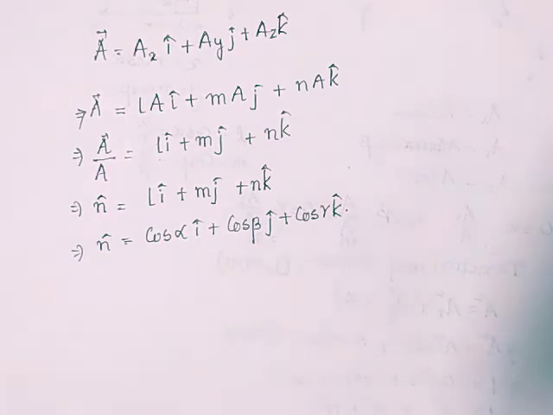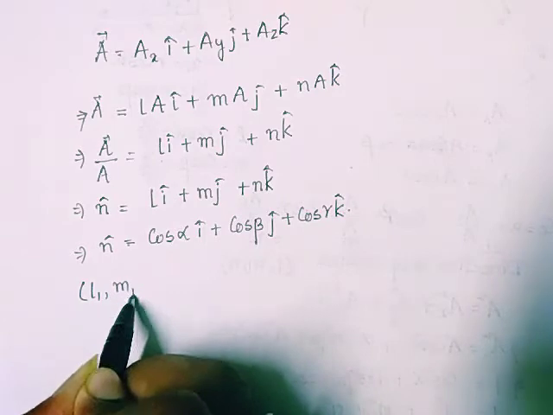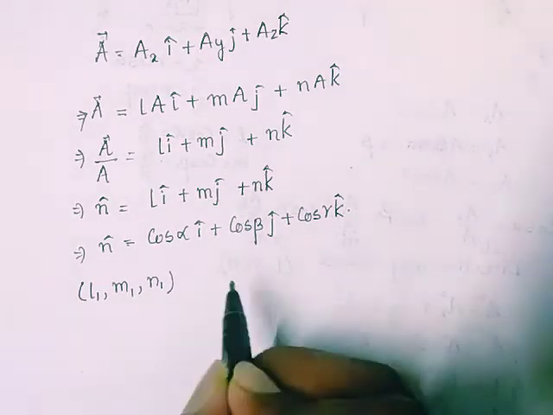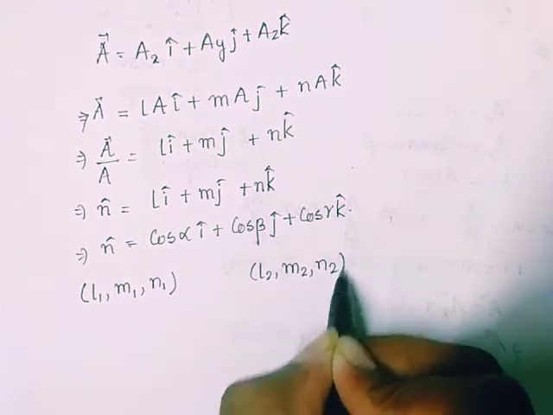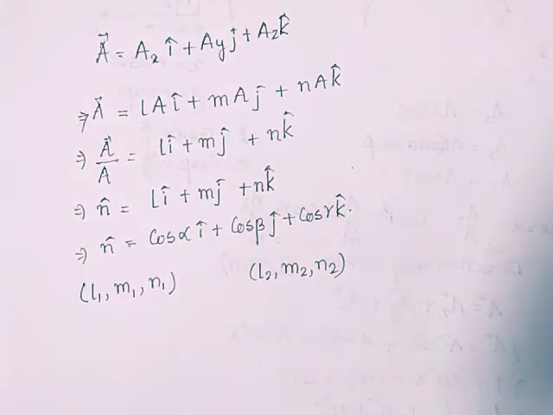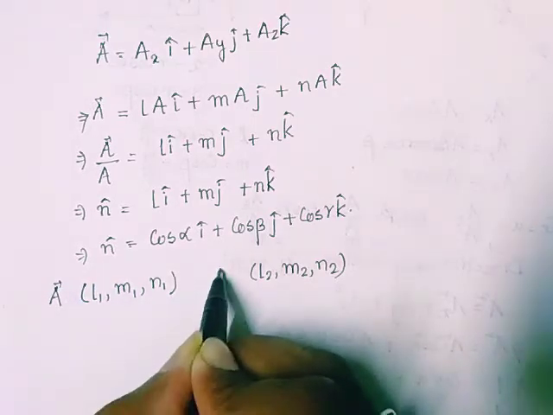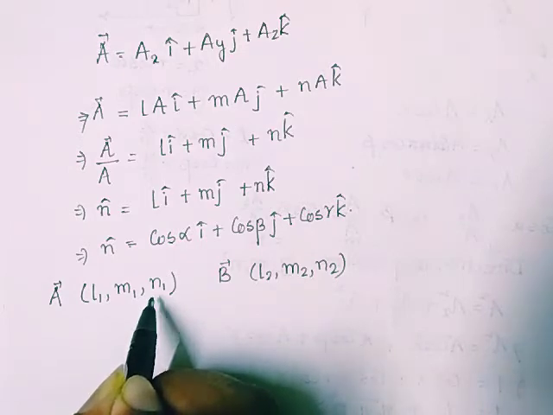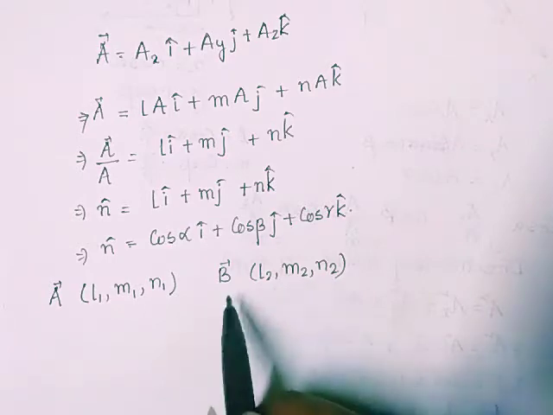Now the two vectors are denoted in terms of their direction cosines, just like let L1, M1, N1 represent the a vector, and L2, M2, N2 represent the b vector.